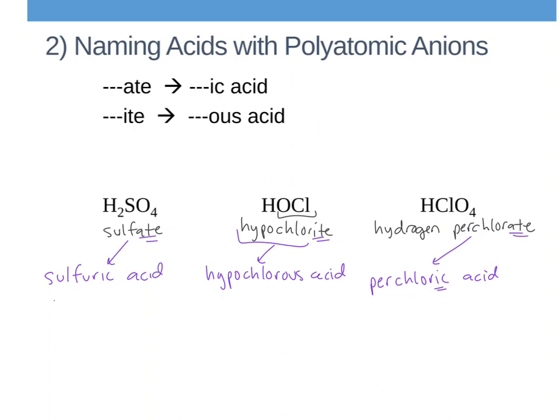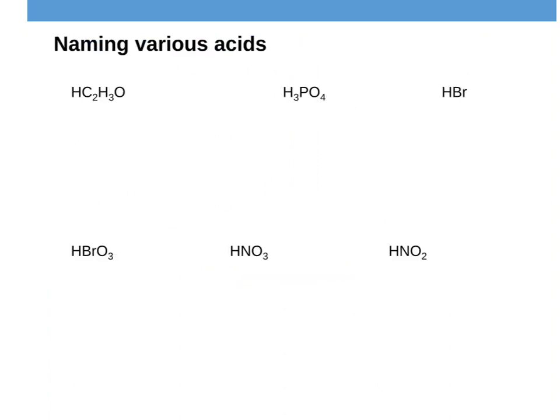It's probably just some sort of common name derivative type thing, but it is sulfuric acid. And again, that might be one that you've heard of before, like battery acid or something like that. But in general, right, it still has an ic ending because its anion ends in ate. It's just that we have some extra letters in there for some reason. I'm not sure why.